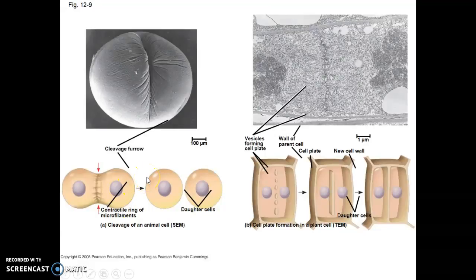It appears on the cell surface just inside the plasma membrane. At the location of the furrow, microfilaments form a ring. This actin filament interacts with molecules of myosin, causing the ring to contract. The cleavage furrow deepens until the cell is pinched into two.